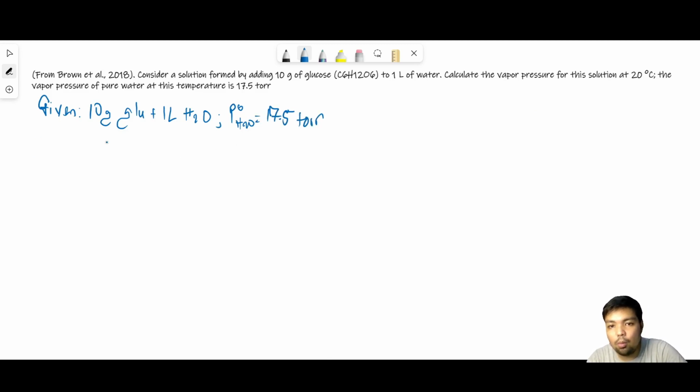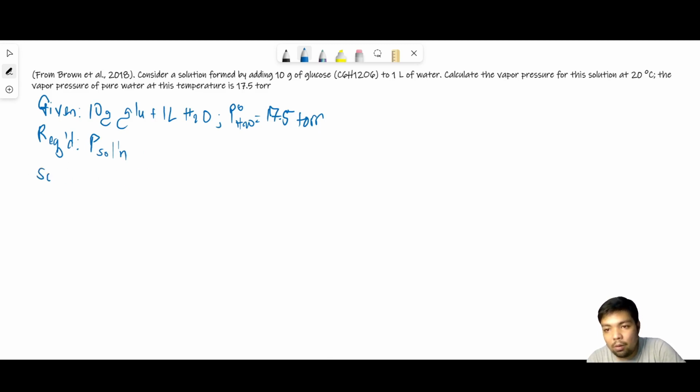We also indicate what is required. What is required is the vapor pressure of the solution. So write down what is required.